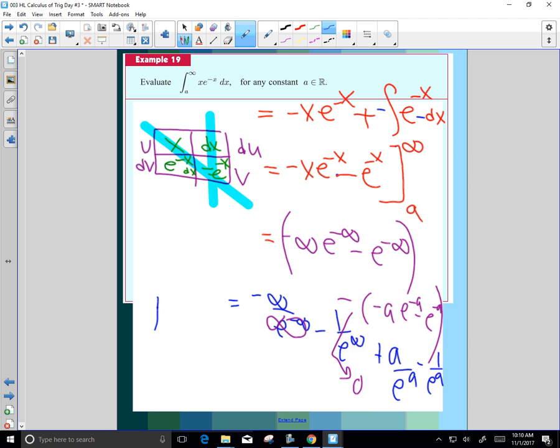Limit as x approaches infinity. Let's do this one. It's negative x over e to the x. We found that the limit of the top was going to be infinity, and the bottom was infinity, so we have the infinity over infinity indeterminate form.